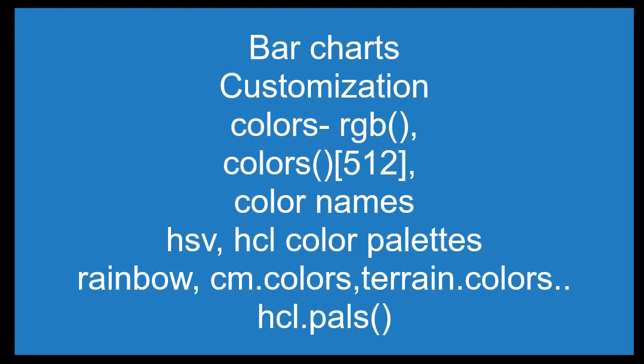There we have seen two types of systems, one is HSV, another is HCL. And then we have seen some examples, and we have also seen a palette is a collection of colors. A palette is given a name and you can use this name and then use the set of colors which are already defined for us, to help us in the charts. Now in today's session we will see some more high level functions and how to use packages.